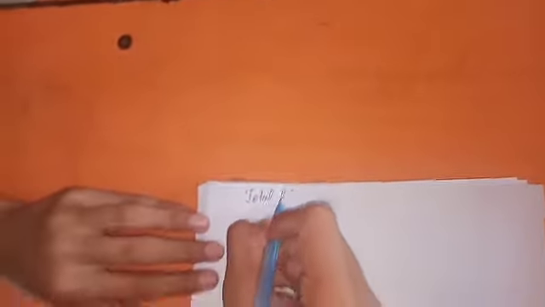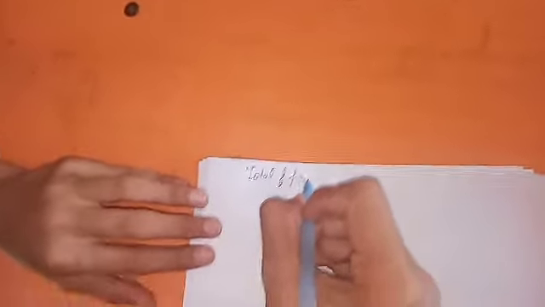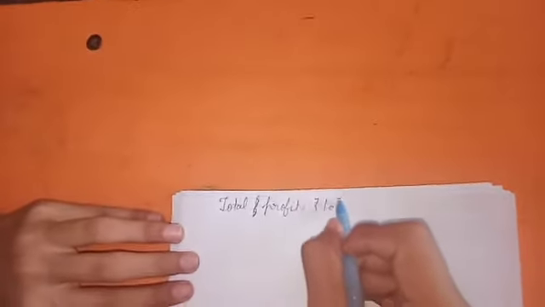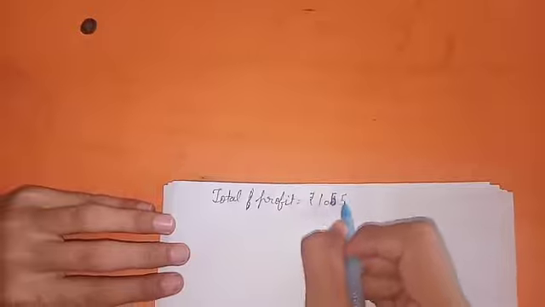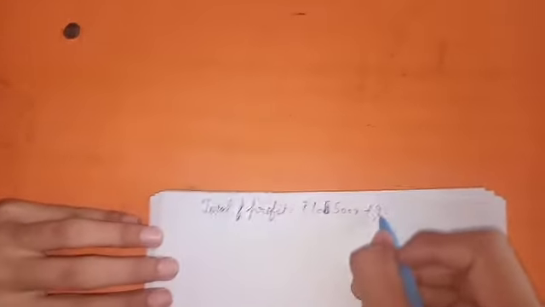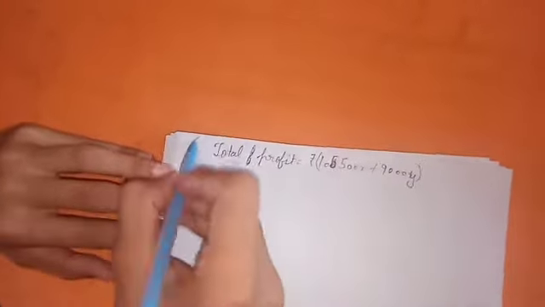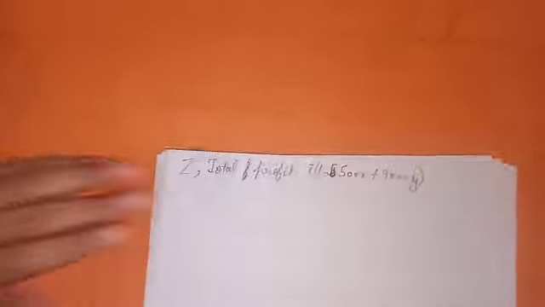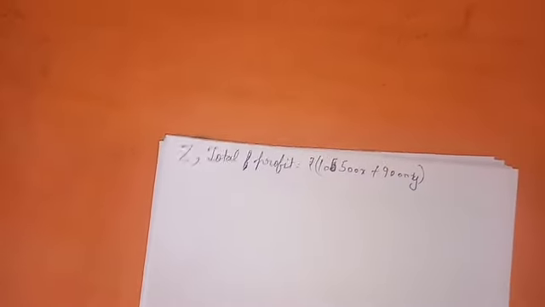Then we will say about total profit. Total profit will be rupees 10,500 x plus 9,000 y. So this will be our z, that you have to maximize.